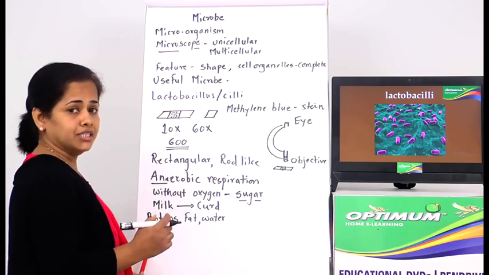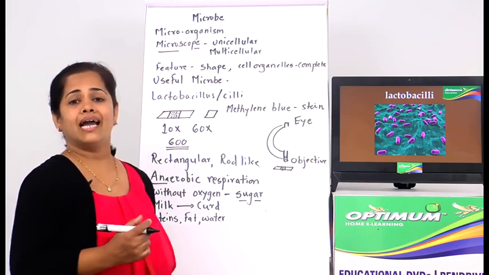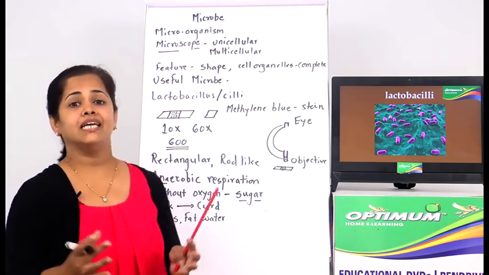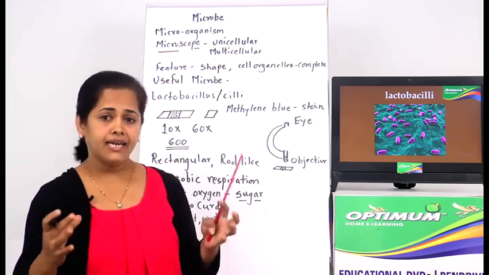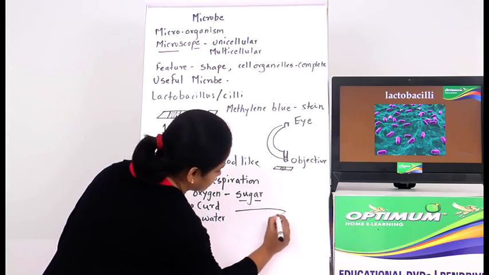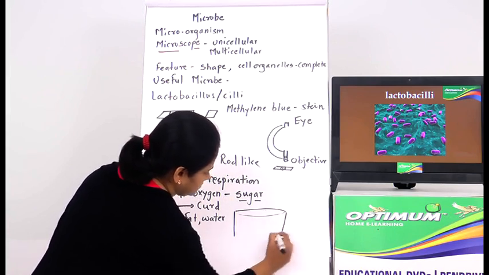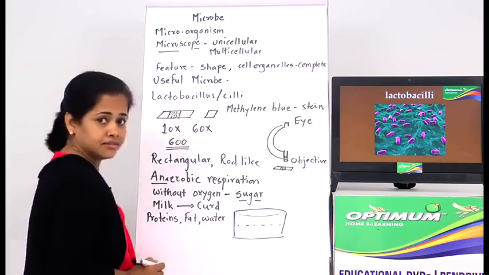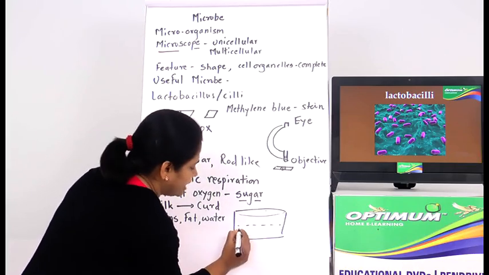What happens when you add lactobacilli in milk is that these proteins start getting clustered, they start getting together. So suppose you have milk. In milk you have big fat globules.